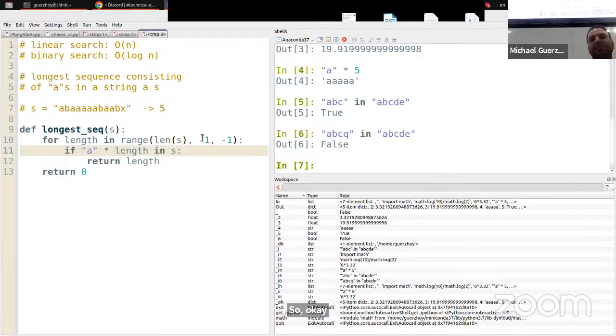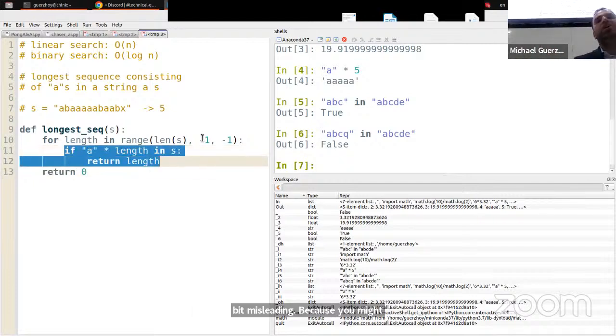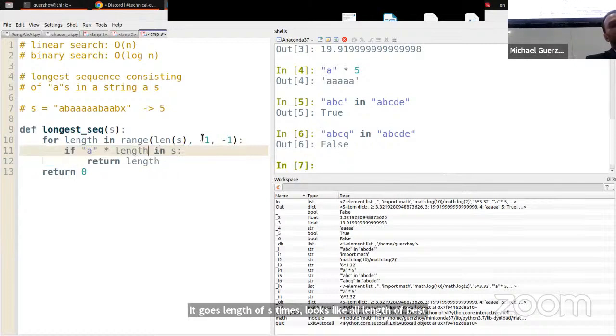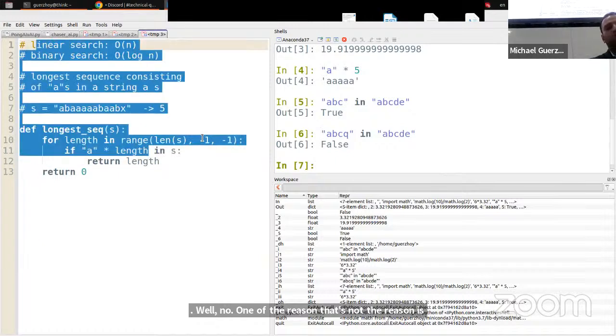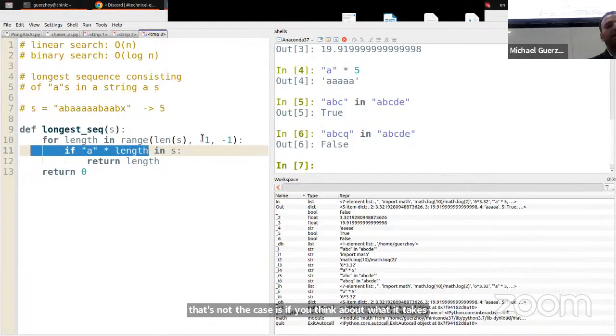So we're doing this like this. What's the runtime complexity here? This is one of those situations where it's a little bit misleading, because you might say, well, there is one loop, it goes length of S times, so it looks like length of S. Well, no. One of the reasons that's not the case is if you think about what it takes for the computer to just construct this A times length string.